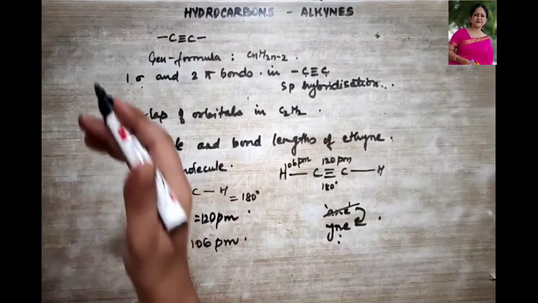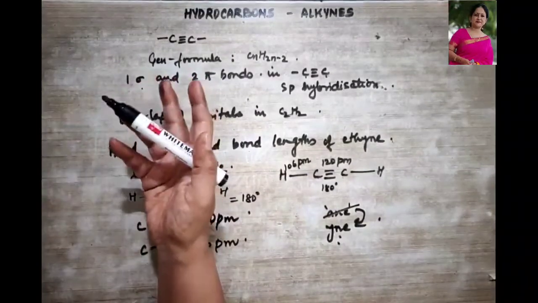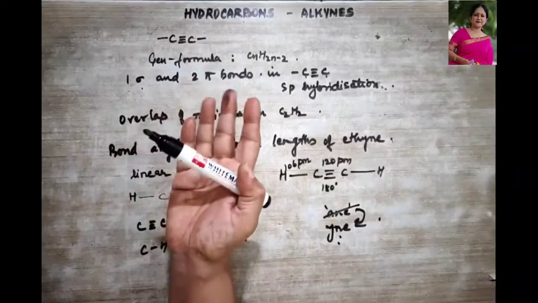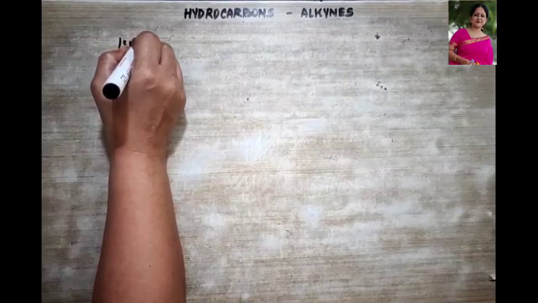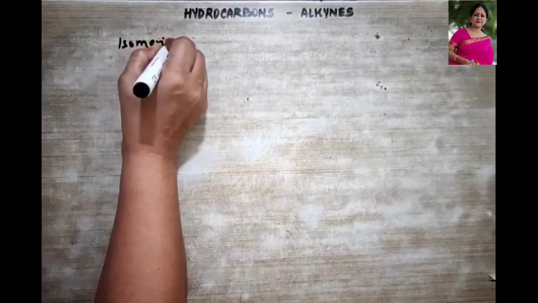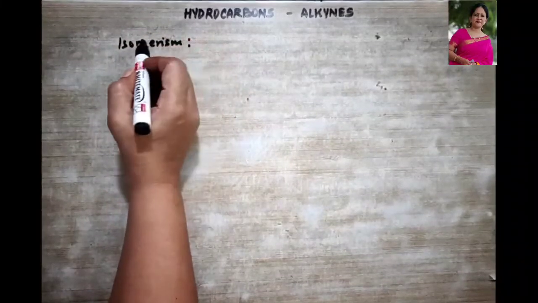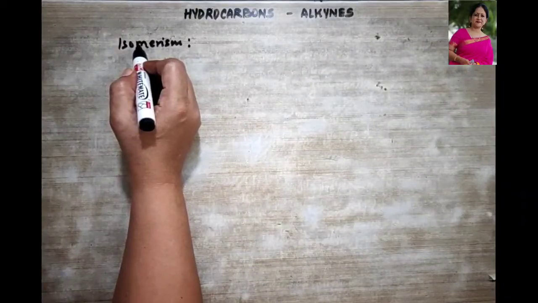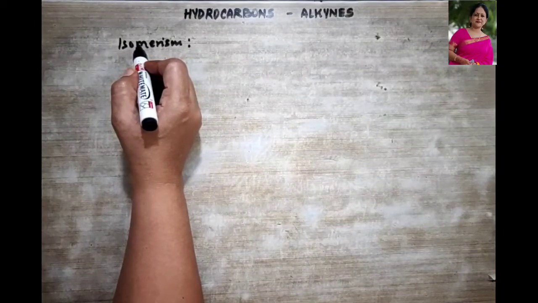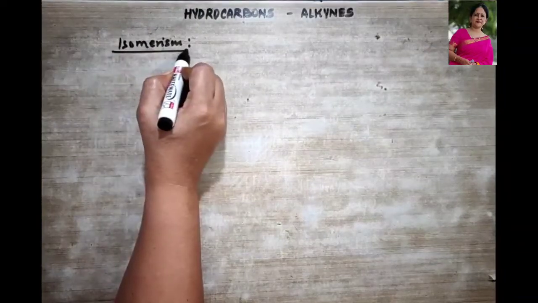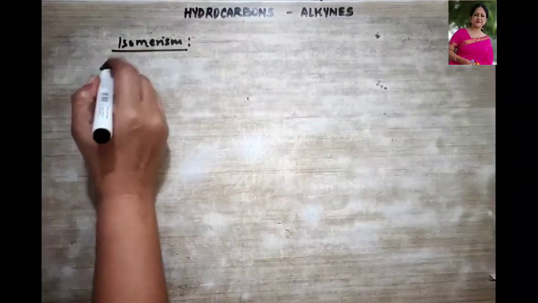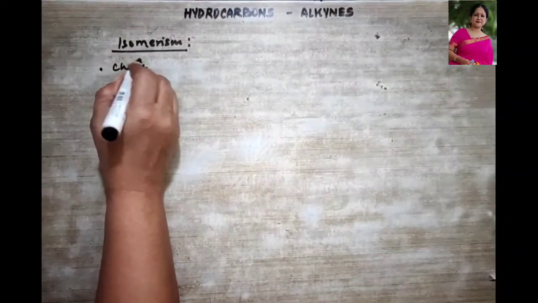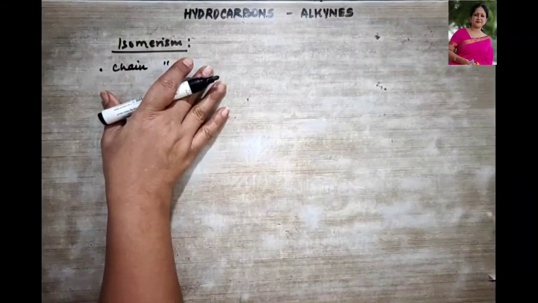Now let us talk about isomerism. What do we know about the type of isomerism that we find in alkynes? Let us see over here the chain isomers of alkynes.